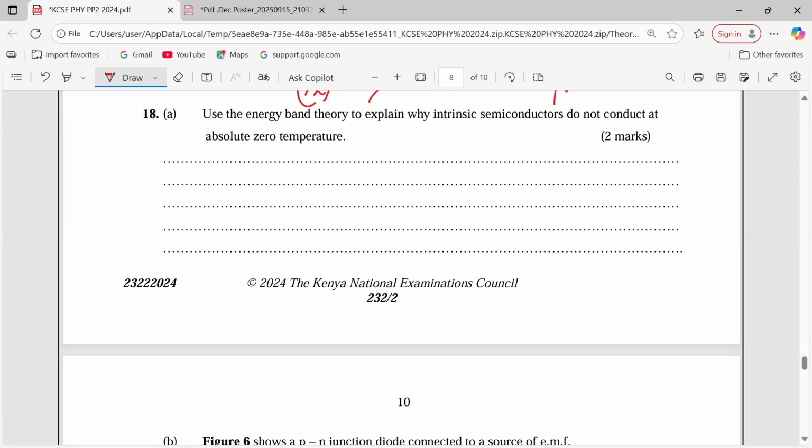Therefore, in these, there usually exists what we call a forbidden zone, whereby between the valence band and the conduction band we have the energy gap.